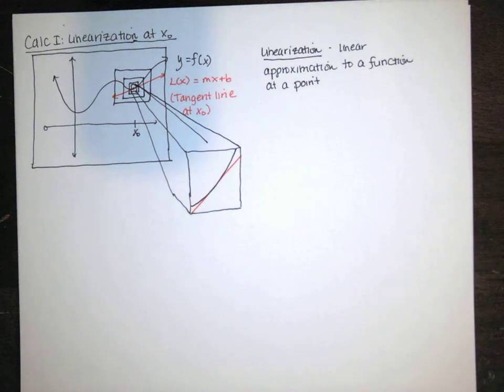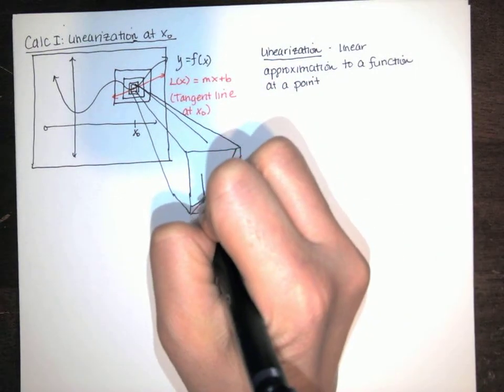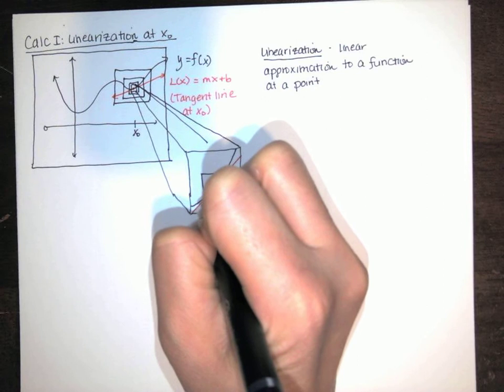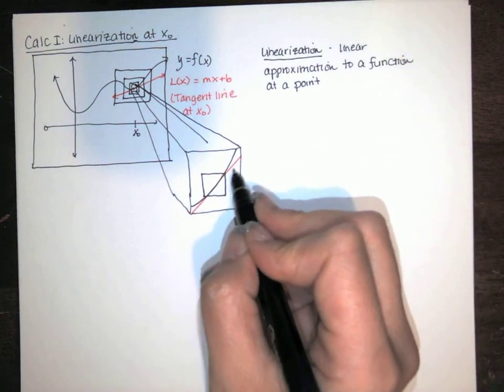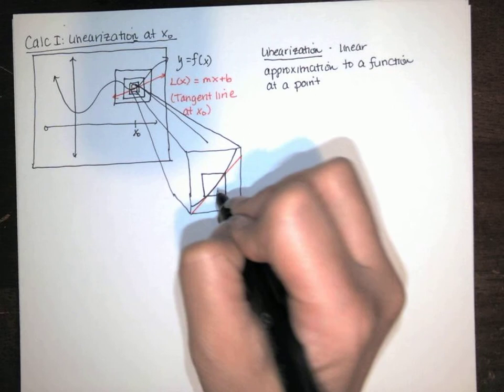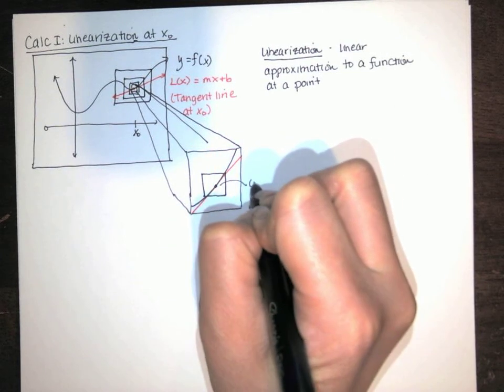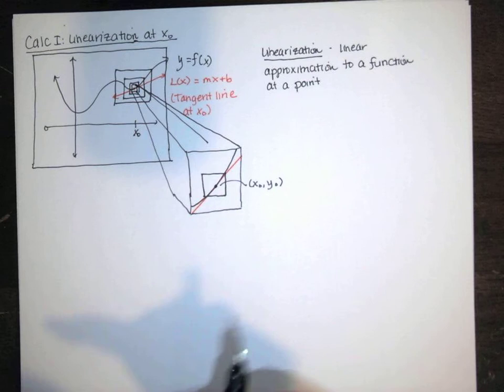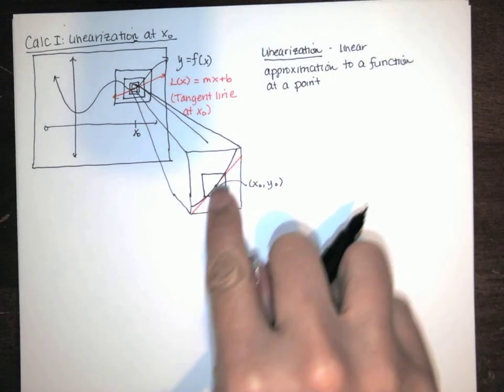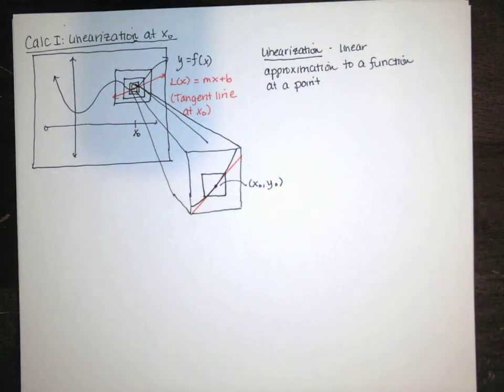And they say, don't stop there. I want you to zoom in even more. Zoom in again. And eventually you get to the point where you can't even tell the difference between that line and the curve. And maybe this is the point x naught, y naught on the curve. Eventually you get to the point where the line and that curve are indistinguishable.